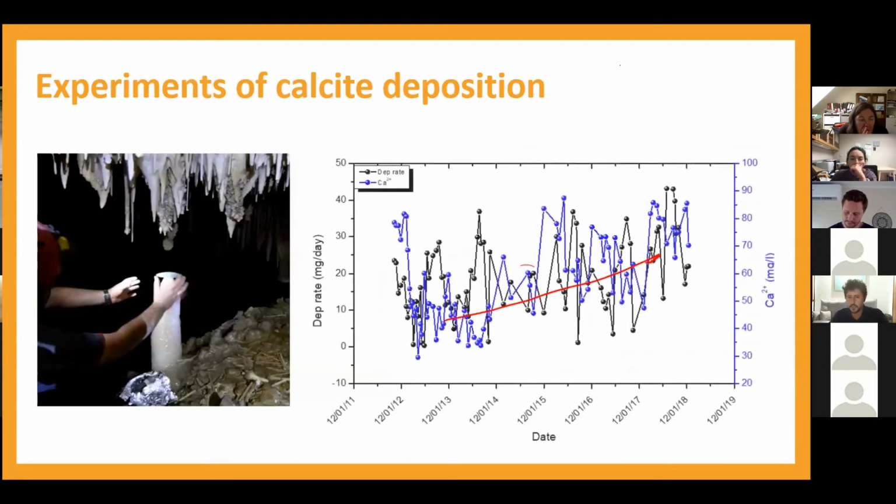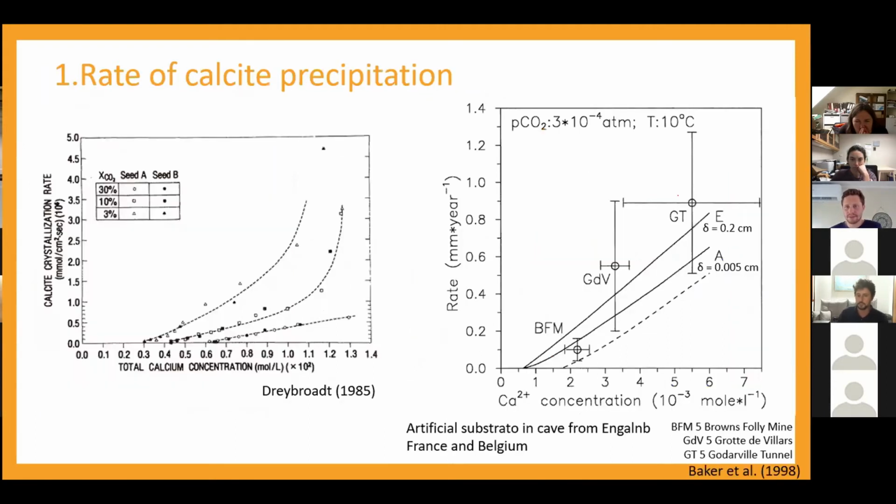So when we compare experiments monitoring the amount of calcite deposition through the replacement of the substrate, we see a good relationship between variation of calcium and the deposition rate. This is an experiment that I performed in a cave over the last eight years, where you see in black the variation in deposition rate following the increase in calcium.